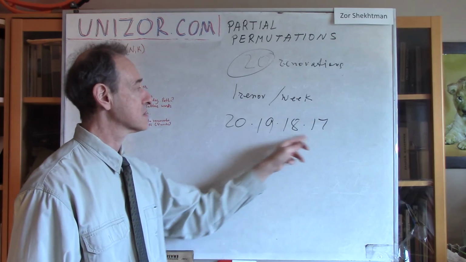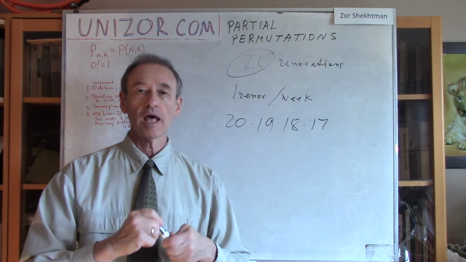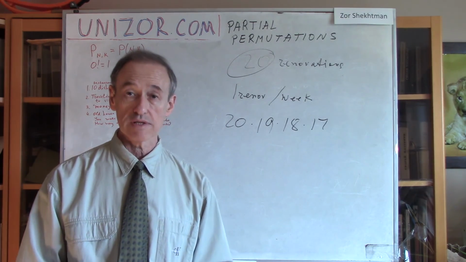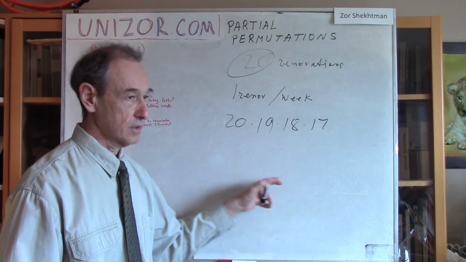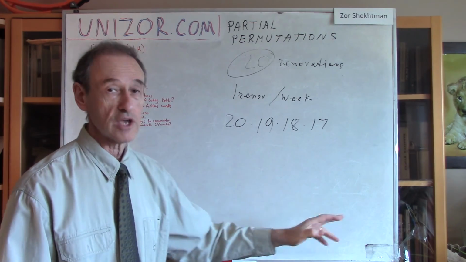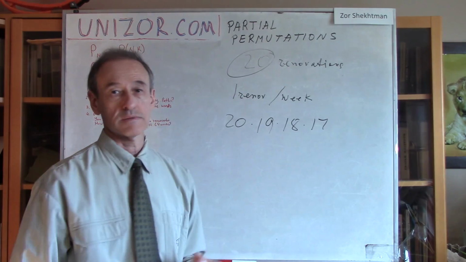So for 4 weeks, we have that many different plans for the first month. For the second month, it would be 16, 15, 14, and 13, the product of these numbers, because the number of renovations is gradually decreasing. But for the first month, it's this.